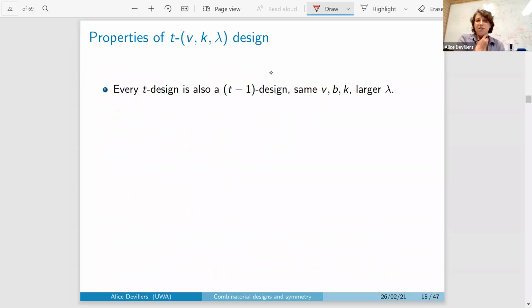Okay, so some properties of these designs. First, it's a little exercise to show that every t-design is also a (t-1)-design with the same v, same b, same k, but larger lambda. So the lambda changes, everything else stays the same. For instance, every 3-design is also a 2-design.